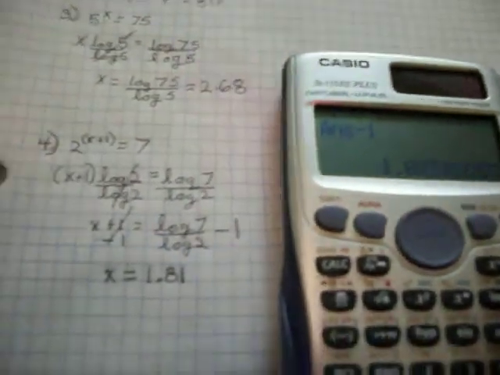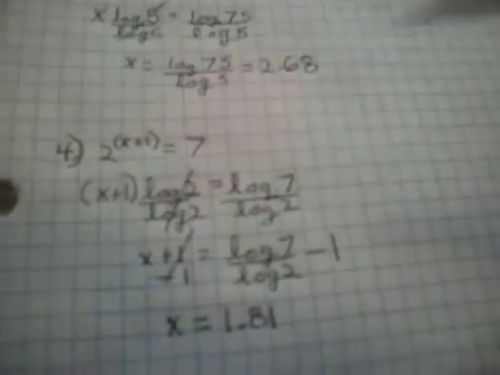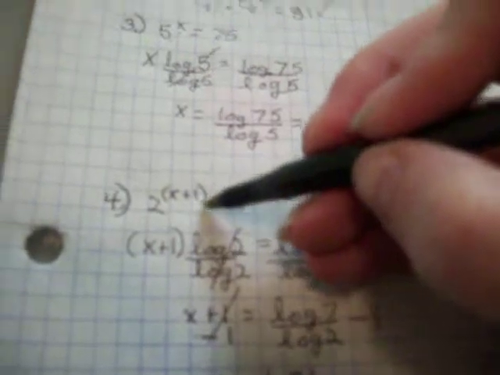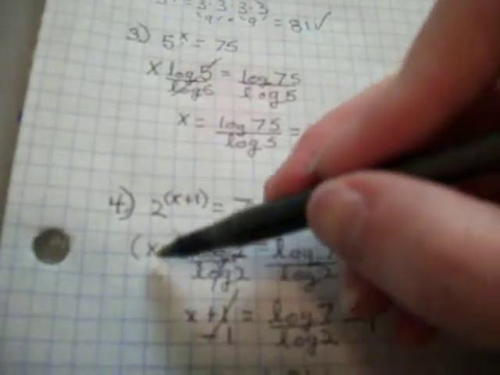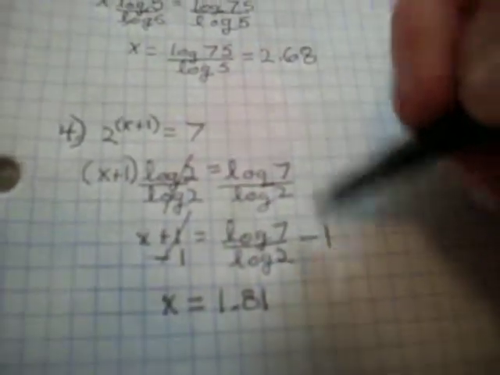The same answer. And you'll do that with pretty much all the other problems you have. Let's say it was x minus 1. You would just add the 1 since you have to do the opposite. So that's pretty much all we've got for logarithms. I hope this helped. Enjoy college!